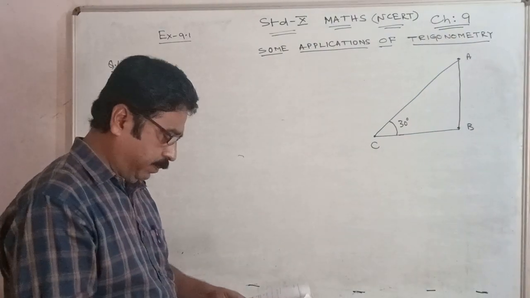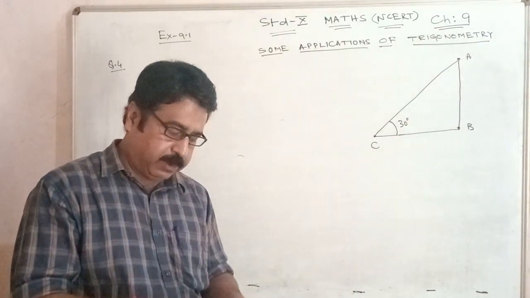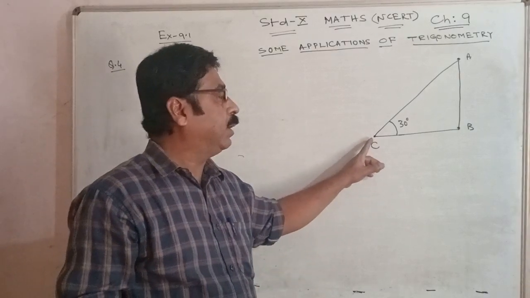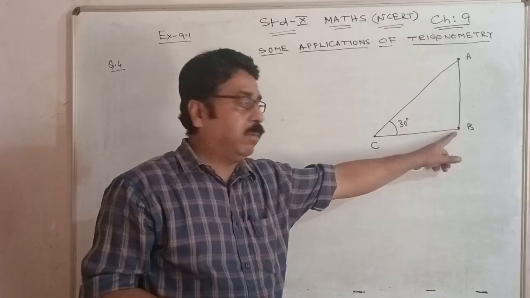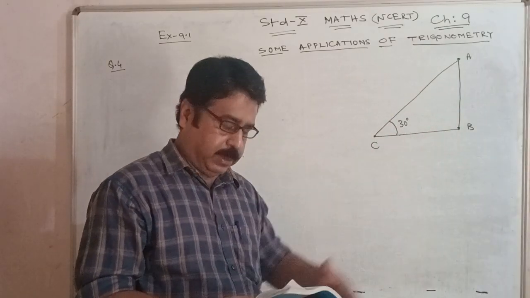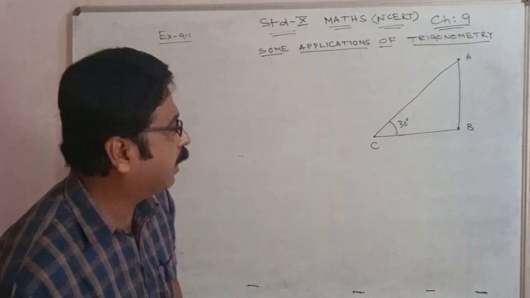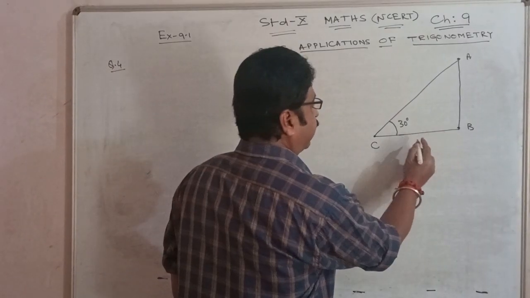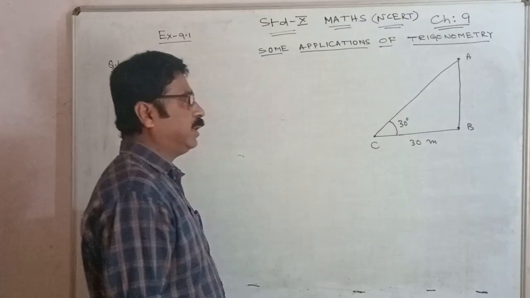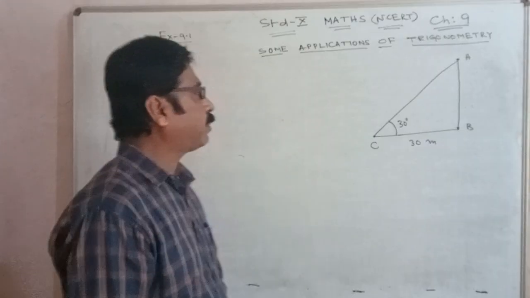The point C is located 30 meter away from the bottom of the tower. That means this distance is 30 meter. C point is located 30 meter away from the foot of the tower.